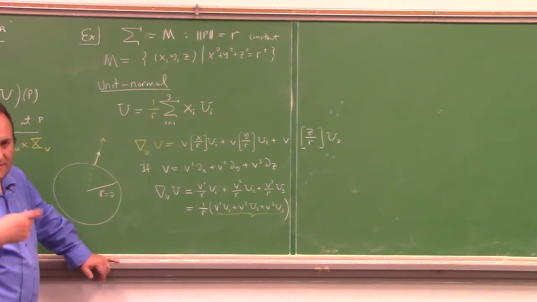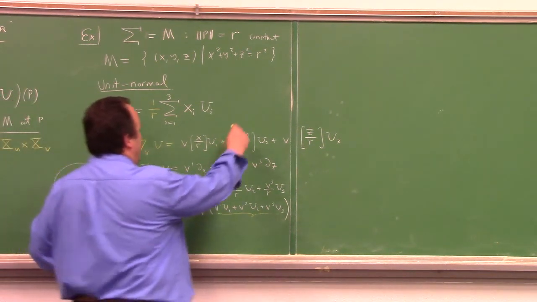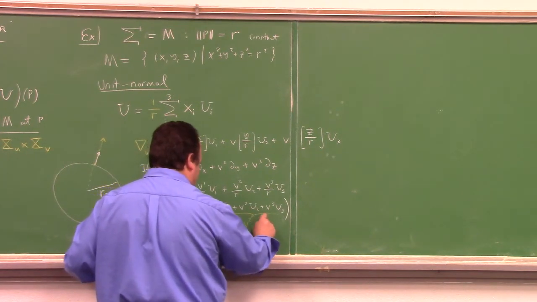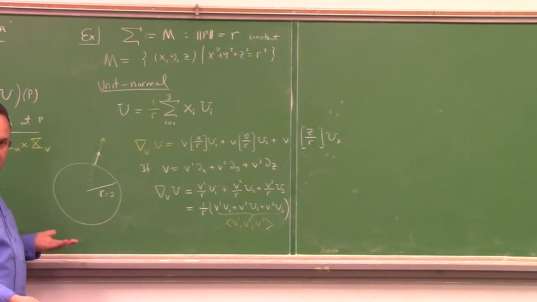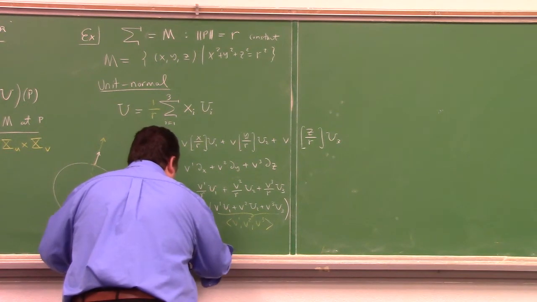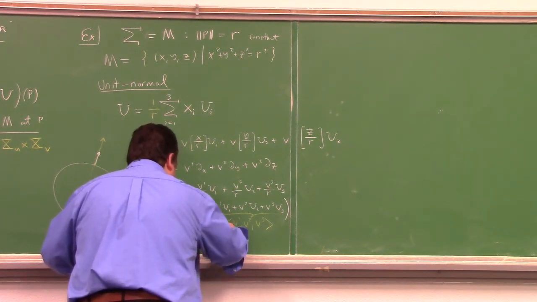Right, it's v. In the other notation, this would literally be v1, v2, v3. So the formula we're looking at here is 1 over r times v.